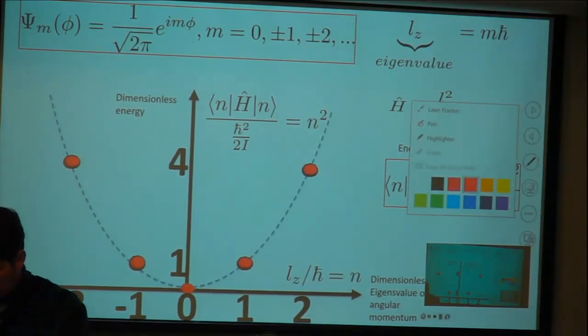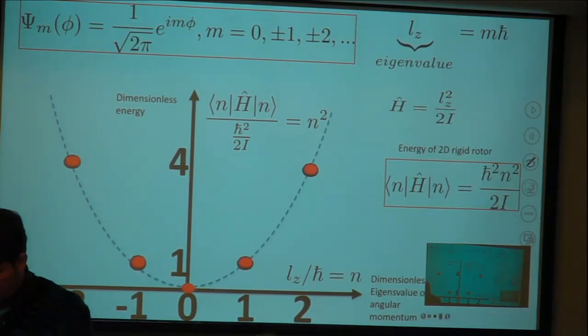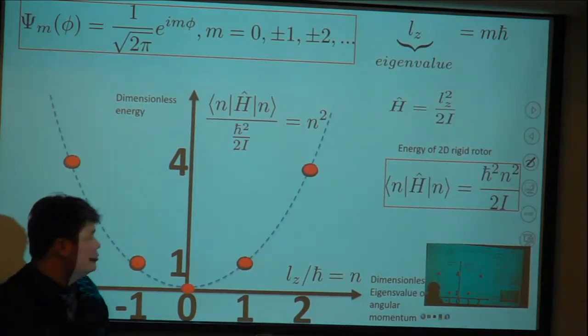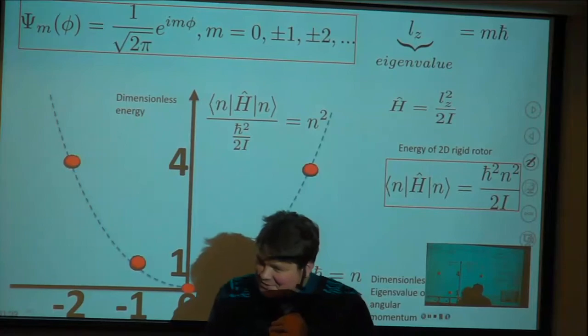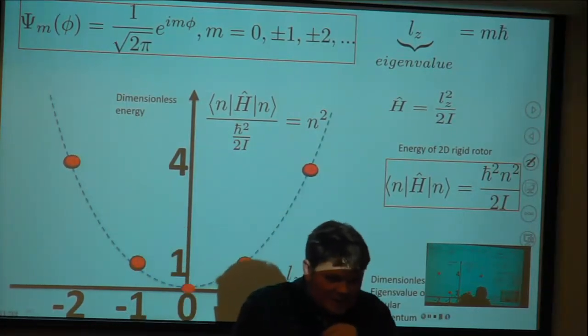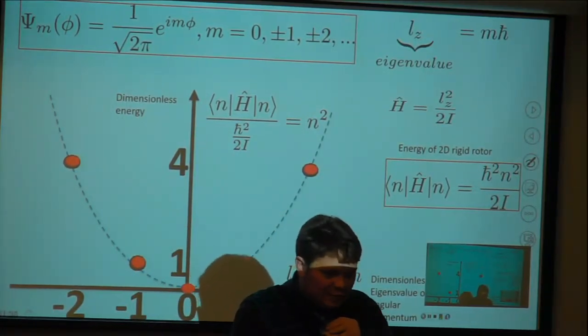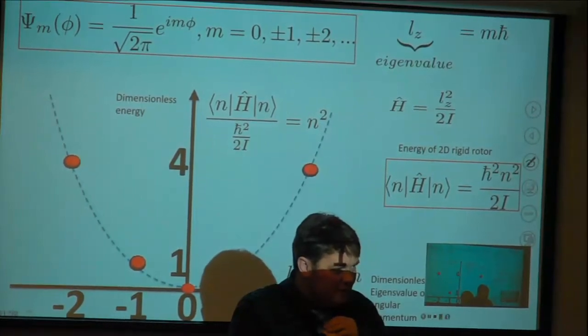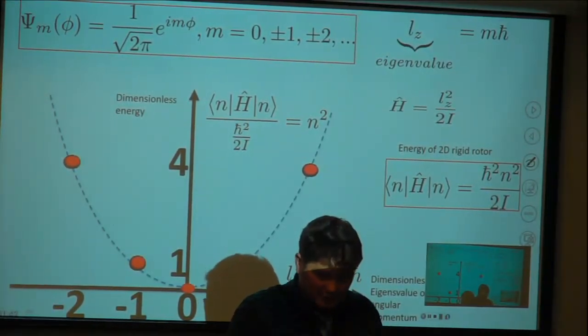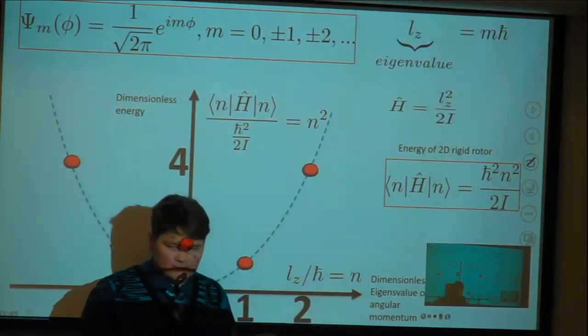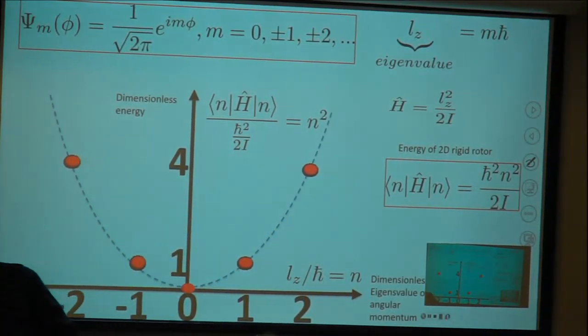So we agreed, well, I don't know if you agreed, but you were not protesting, we agreed to believe that solutions, eigenstates of the Lz operator, are also eigenstates of the Lz squared operator, or the Hamiltonian, for this two-dimensional rotation, right? Excellent.